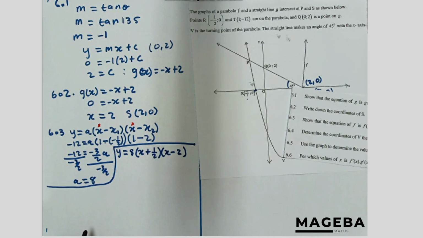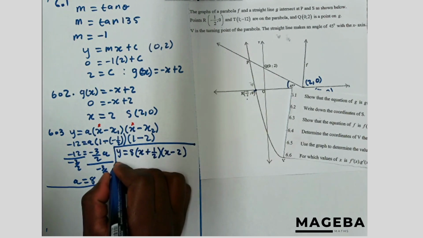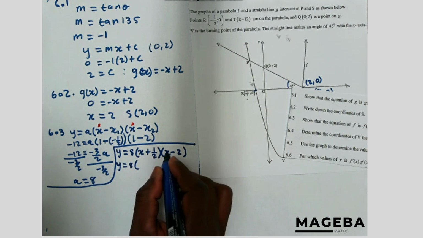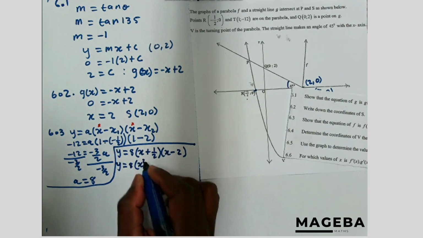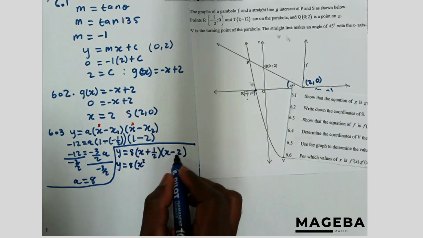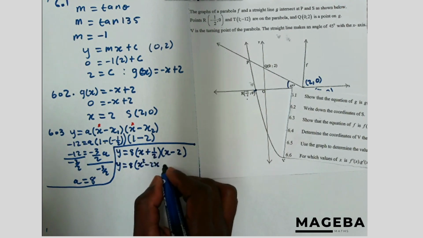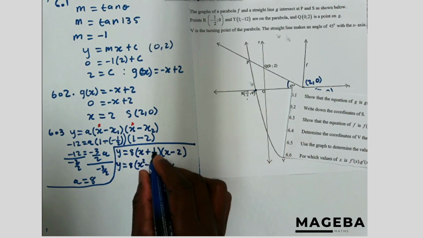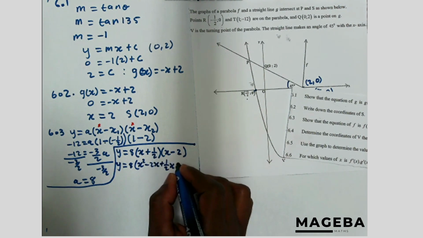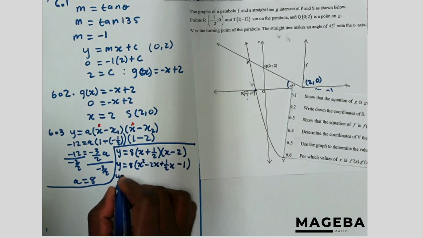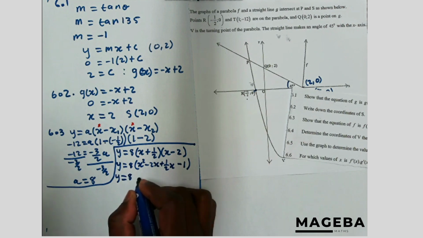Then from here we're just going to open our bracket, so y is equal to 8x times x, it's x squared, x times negative 2 is minus 2x, 1 over 2 times x is just 1 over 2x, and then half times negative 2 is just negative 1.